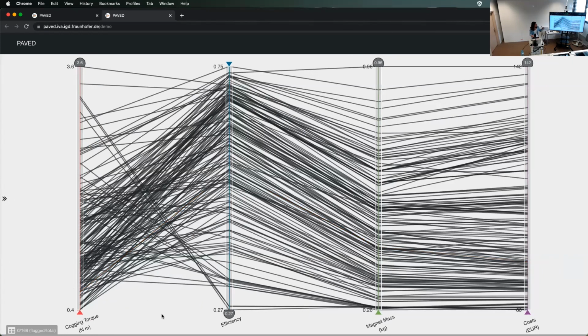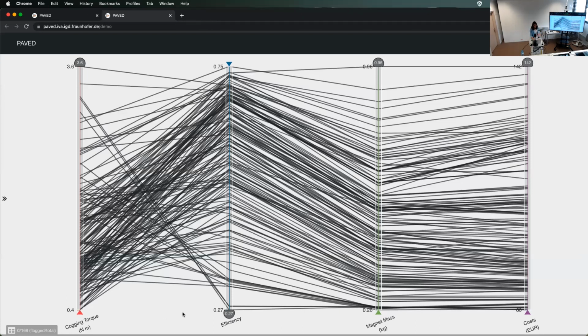And now you might have already noticed that each axis is actually a full axis filter already. Normally you would have to draw a selection rectangle, but here we could simplify the interaction significantly because we already know the optimization direction.